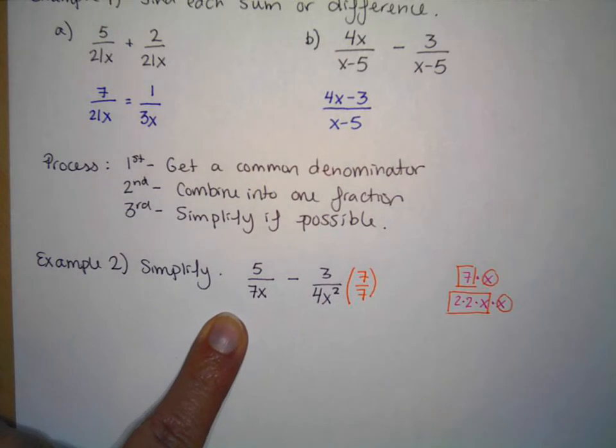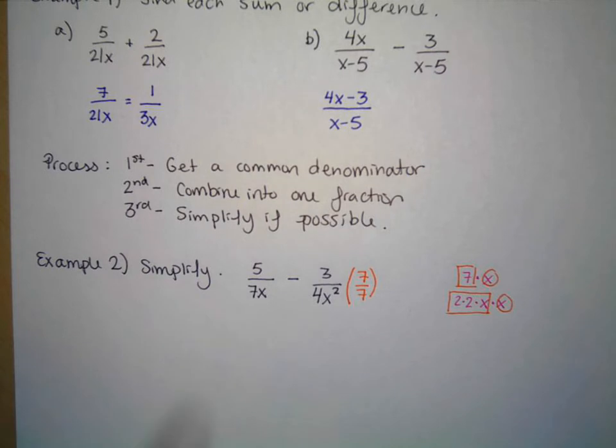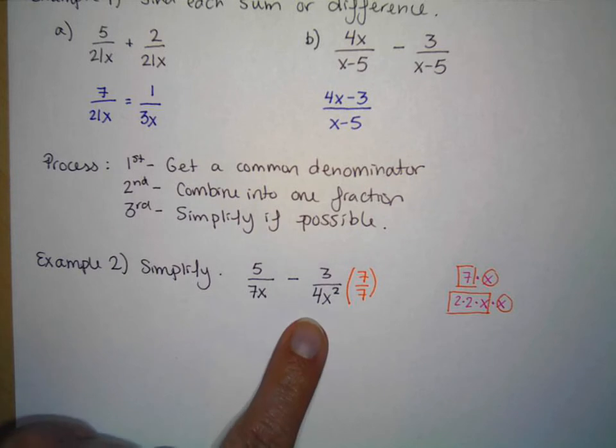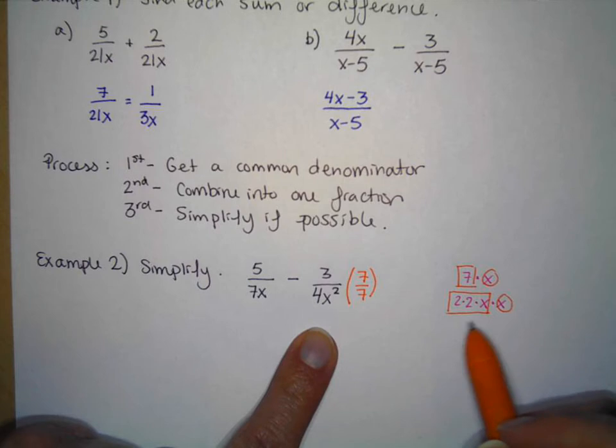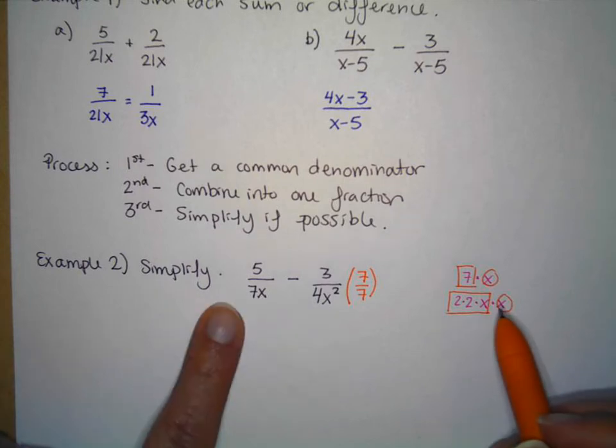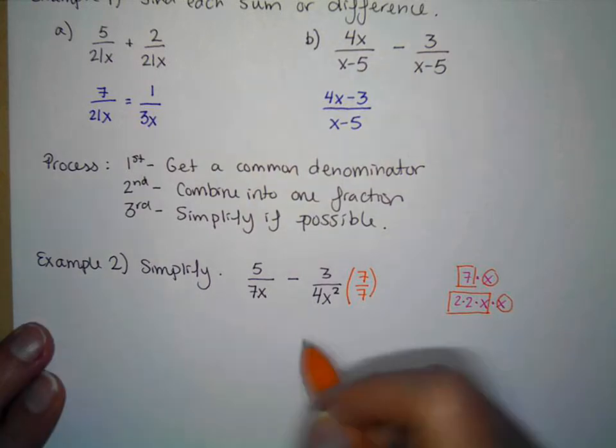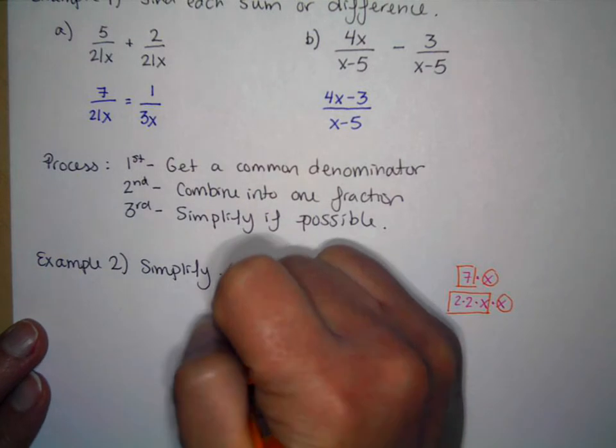And when you're multiplying a fraction by something, you have to multiply the top and the bottom of the fraction by the same thing. Otherwise, you're changing the value of that fraction. Now our second denominator had 2 times 2 times x, or that's 4x, that this first fraction didn't have. So that's what we're going to multiply the first fraction by.